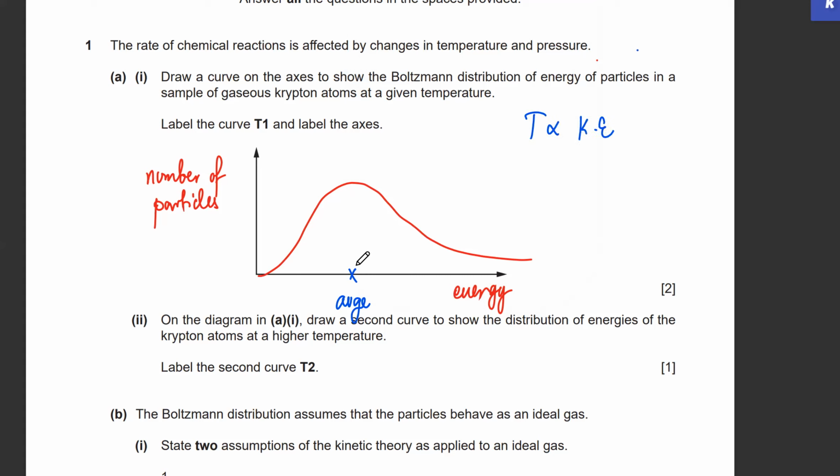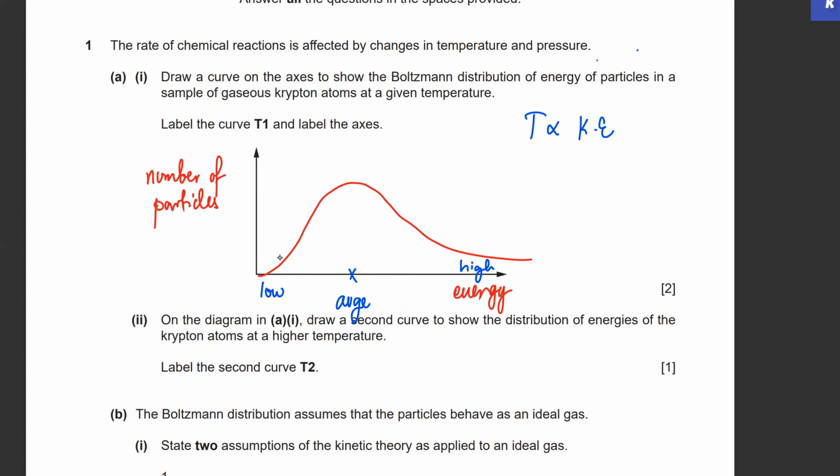So let's assume this is 25 degrees centigrade. The number of particles would be highest at 25. At very high energy, at this high energy end, the number of particles would be very less. And at very low energy as well, the number of particles would be very less.